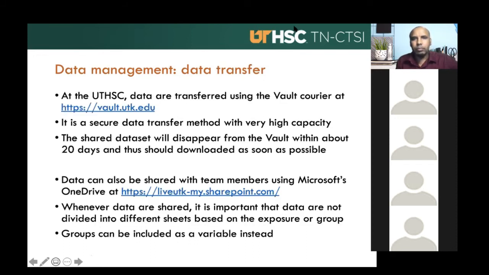So, data transfer at the University of Tennessee. Data are transferred using the vault, a courier at this link, vault.utk.edu.